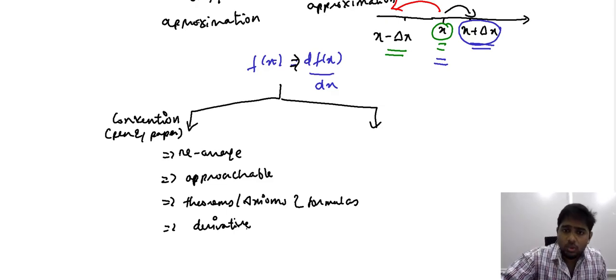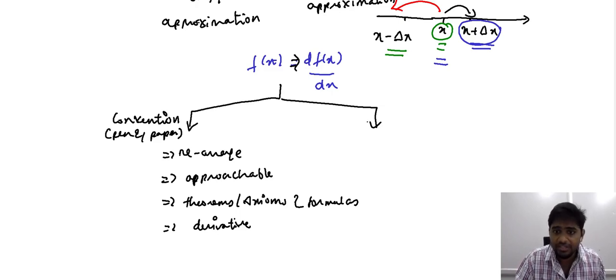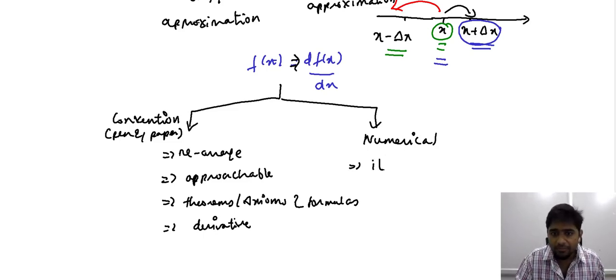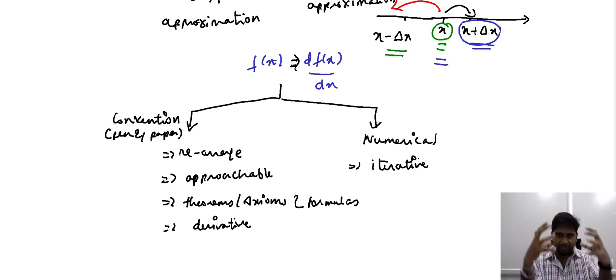Now there is also another way of estimating the derivative of the function. It is called the numerical approach. What the numerical approach essentially involves is a set of iterative operations. We break down the entire problem into small pieces and consider a set of iterative steps, and then by combining all these iterative steps, we ultimately calculate the derivative of the function.